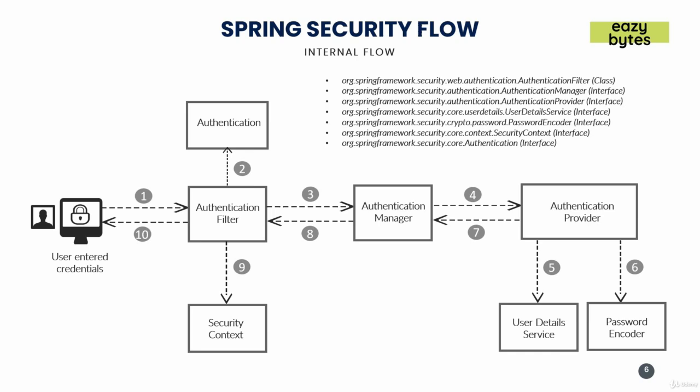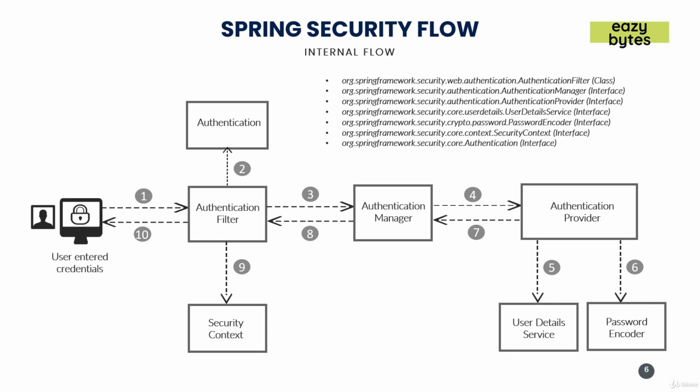Once the authentication provider receives the request, this is the place where all your business logic will be implemented. When I say business logic, I mean the logic related to your security, like how to validate username and password. There can be scenarios where you receive an email as a username, or a mobile number as a username along with a password.